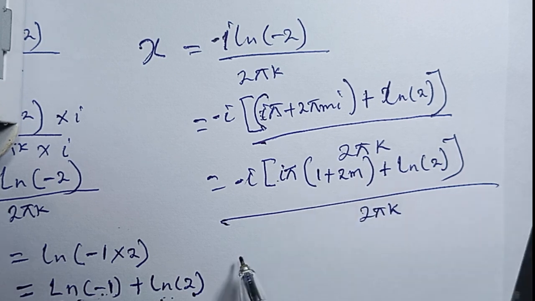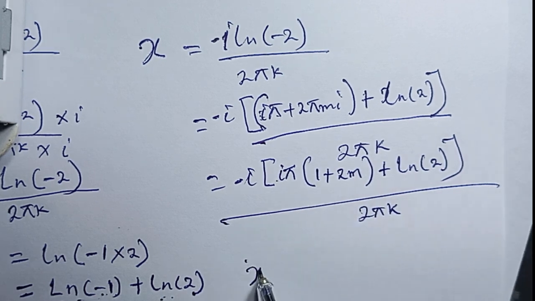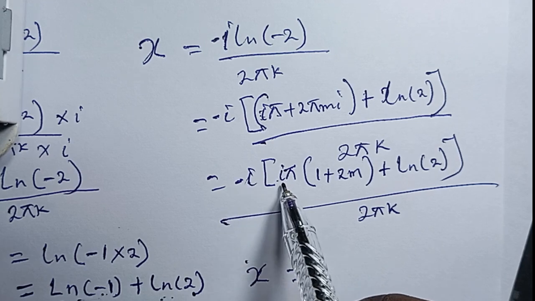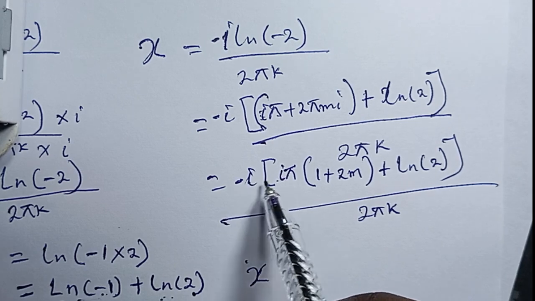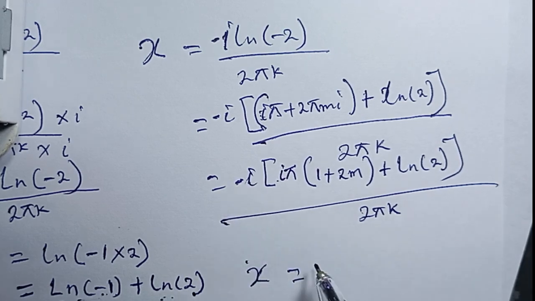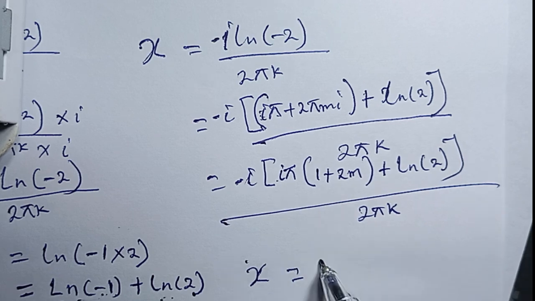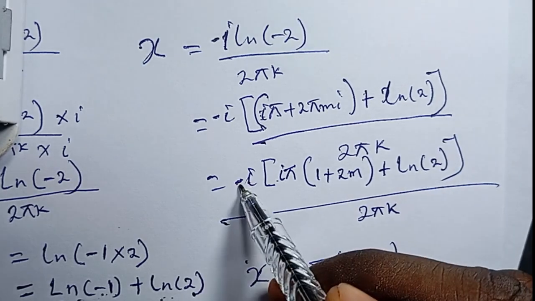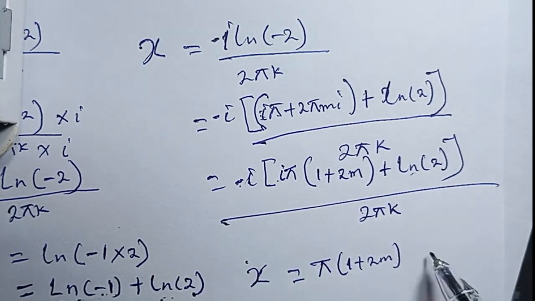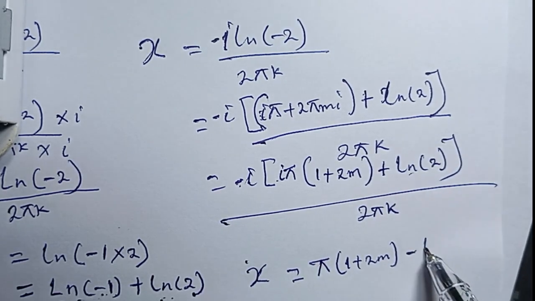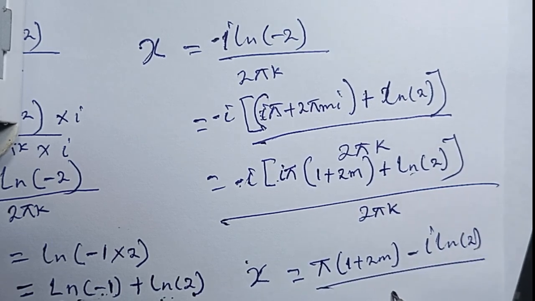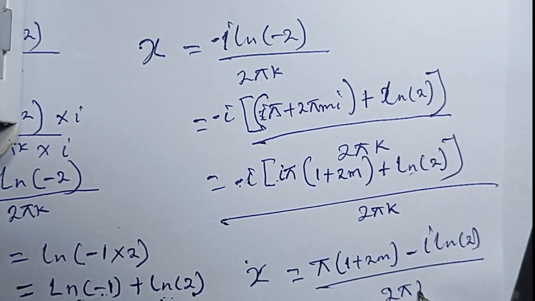So if I multiply this through, my solution is going to be equal to pi into 1 plus 2m, since minus 1 times minus is plus. And then when this minus i multiplies natural log of 2, I have negative i natural log of 2, all divided by 2 pi k.